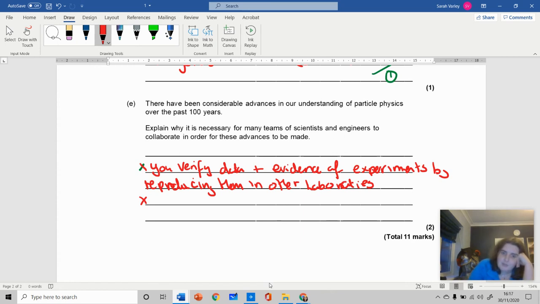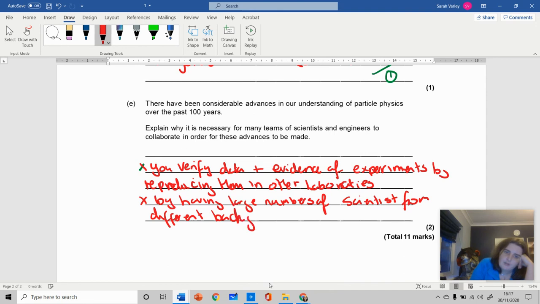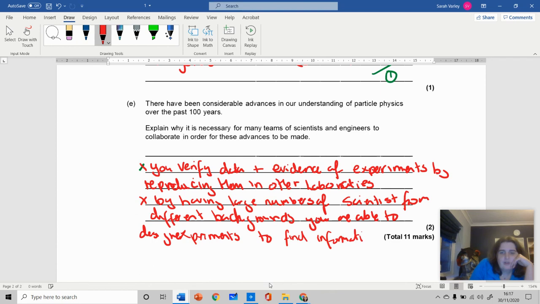And then another one, of course, is saying that by having large numbers of scientists from different backgrounds, you are able to design experiments to find information out.